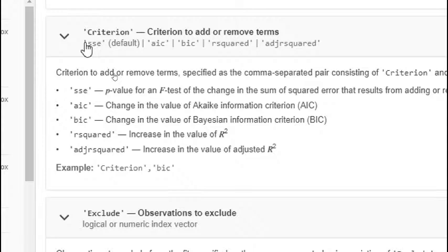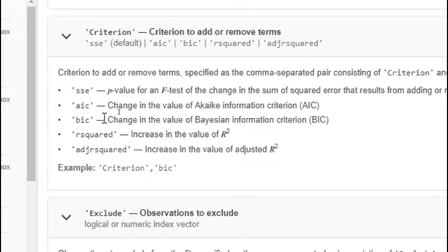It will compare with the threshold value of MSE and select whether I have to choose that equation or remove that equation. There are different criteria like SSE, AIC, BIC, R squared, adjusted. It depends on you what criteria you choose to compare all equations.